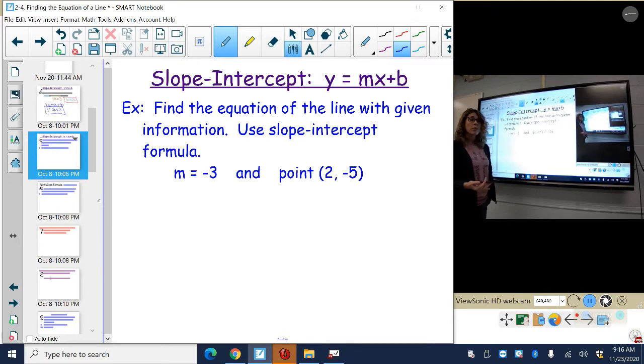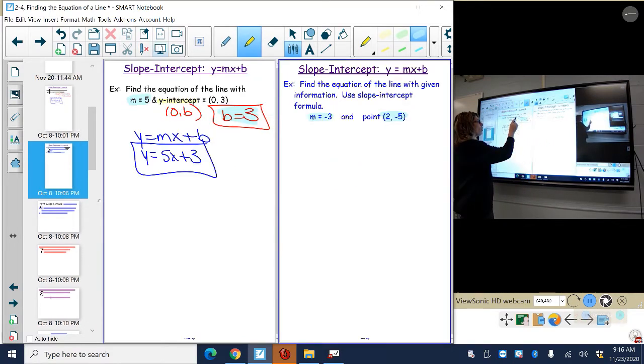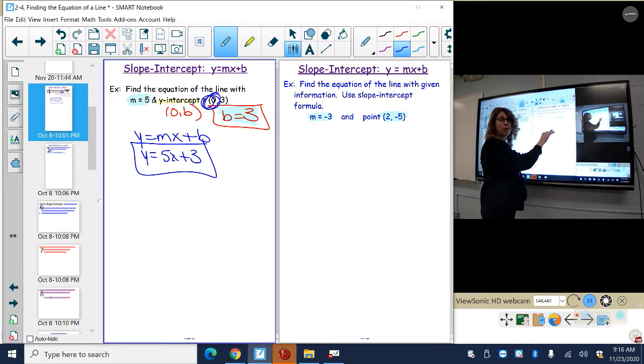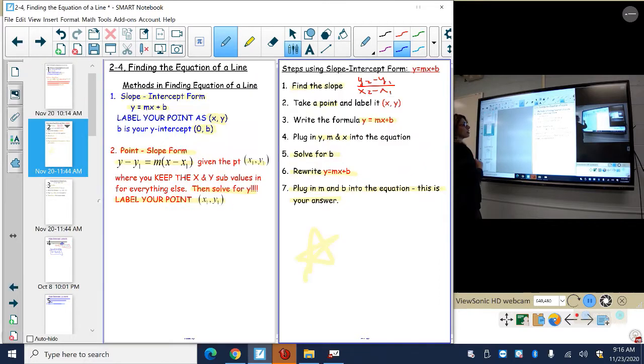Same concept, but this time I give you a slope of -3 with a point of 2, -5. Now, in the previous example, I gave you the y-intercept. I gave you 0 as your x value. In this example, you do not have 0 as your x value, which means you have to follow the steps that I have given you in this step right here.